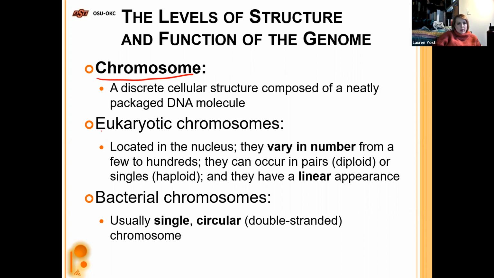In eukaryotes, we have our chromosomes in the nucleus. Eu means true, and karyo refers to the nucleus, so a true nucleus. They could have a variety of numbers of chromosomes. We have 23 in our 2N, a copy from our mother and a copy from our father, so we have 46 overall.